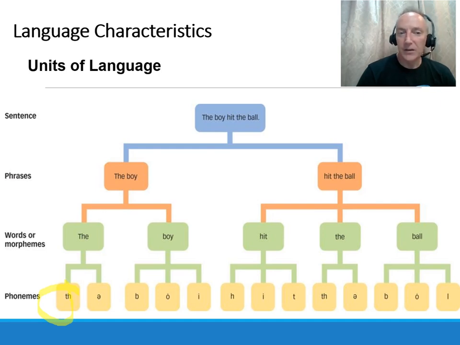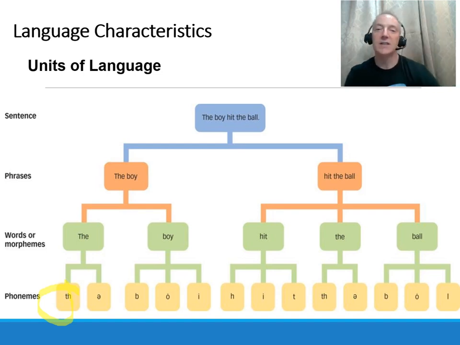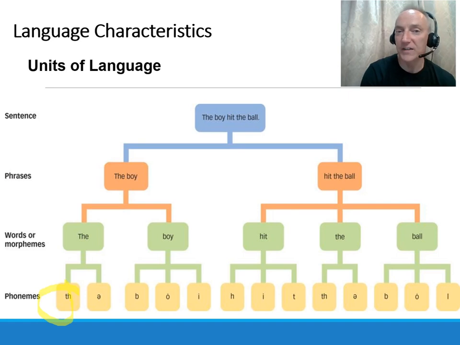There are many languages where there is not an English equivalent to that phoneme, which is why if a person learns a second language as an adult and that language has phonemes that are not present in their native language, they will always speak that second language with an accent.